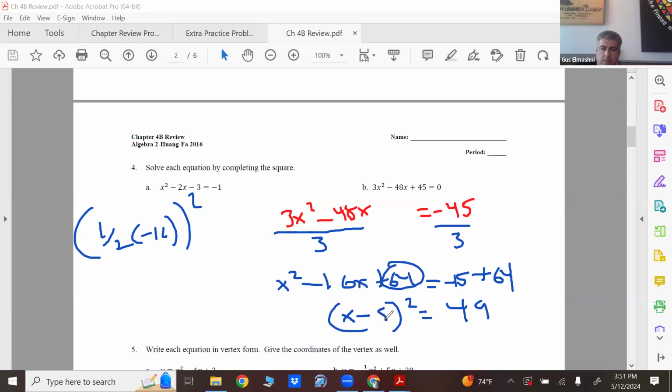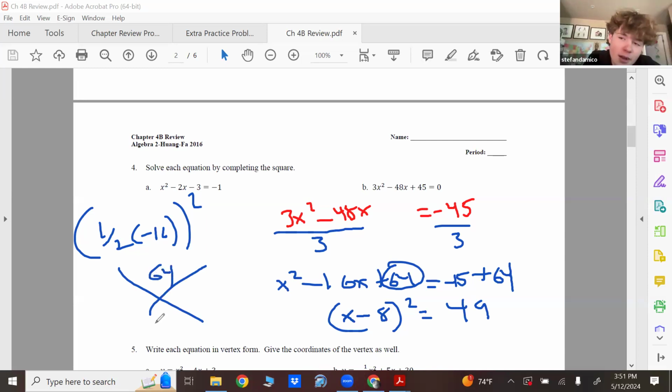Okay. Let's talk about factoring again. What two numbers multiply to 64 and add to negative 16? Negative 8 and negative 8. Do you see why? Multiplying two negatives gives a positive, and then adding them gives negative 16.